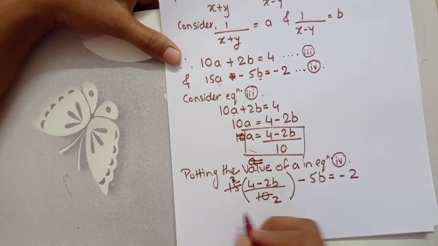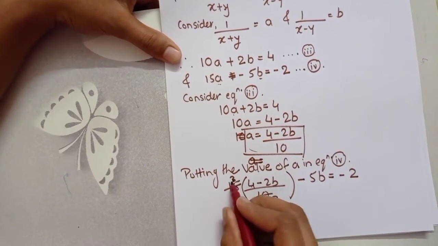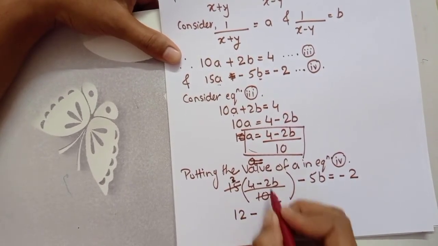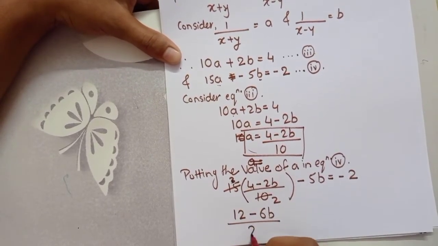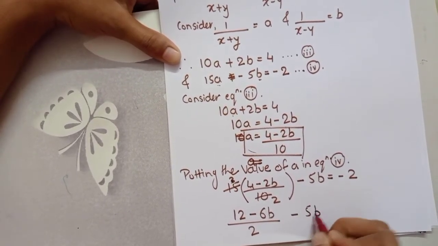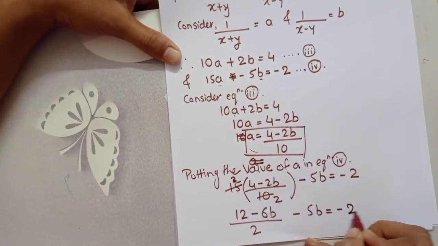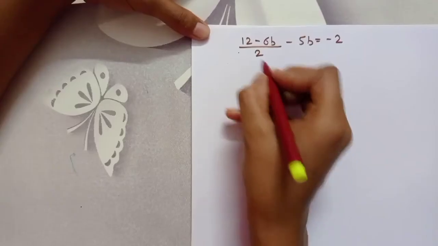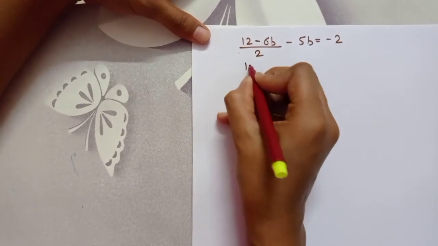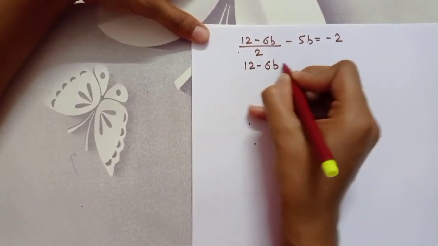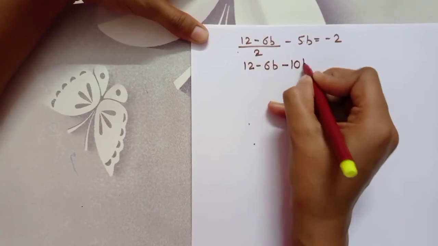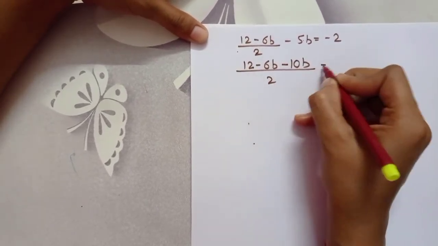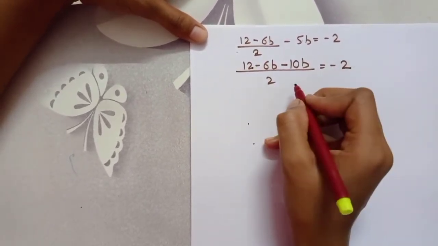Multiplying 3 with the whole term: 4 threes are 12, minus 2 threes are 6b, by 2, minus 5b is equal to minus 2. Then 12 minus 6b minus 10b, by 2, is equal to minus 2.